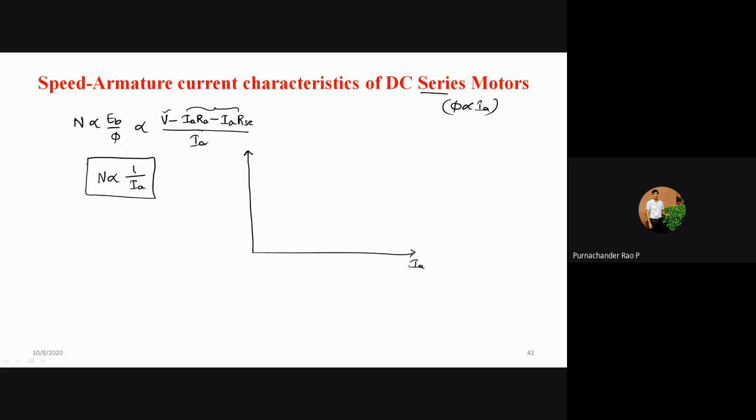The characteristics will be given like this, because whenever IA is equal to 0, your speed is going to be infinity, and whenever IA is infinite, then the speed is going to be 0. So that's why your speed versus armature current characteristics will be like this. This is the inversely proportional characteristic.